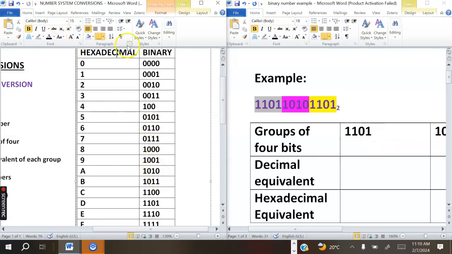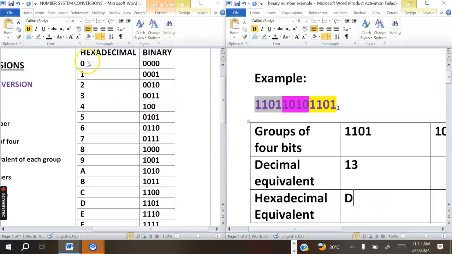We check from the table 1101, where is 11? This one. 11 is equivalent to 13. This is 13, the decimal equivalent, but for the hexadecimal, this one is equivalent to D.